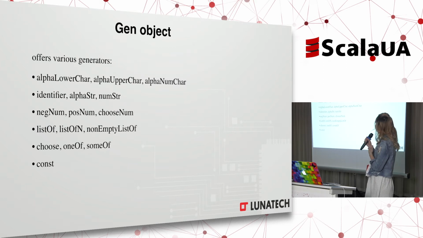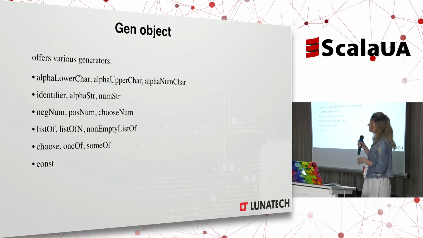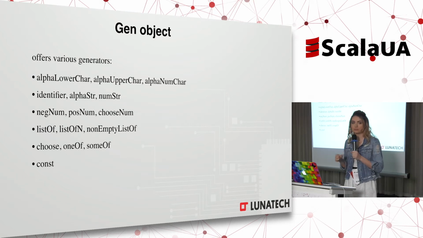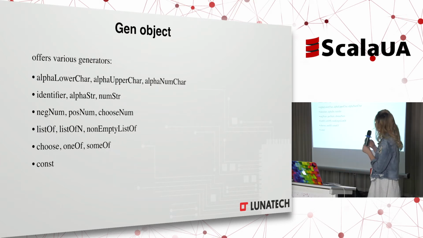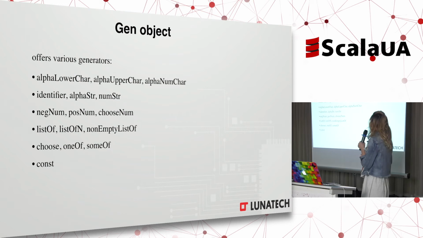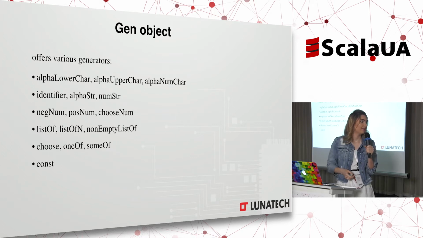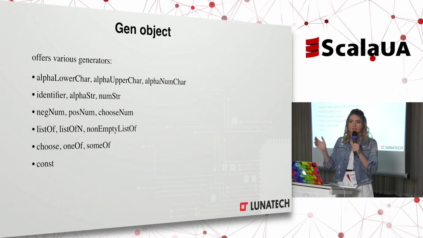And also, it has some convenience methods like choose, oneOf, and someOf. So it will choose, for example, a value from a range of values, and oneOf is used mostly for enumerations, and someOf you can also use for options, and sometimes you just need a constant.